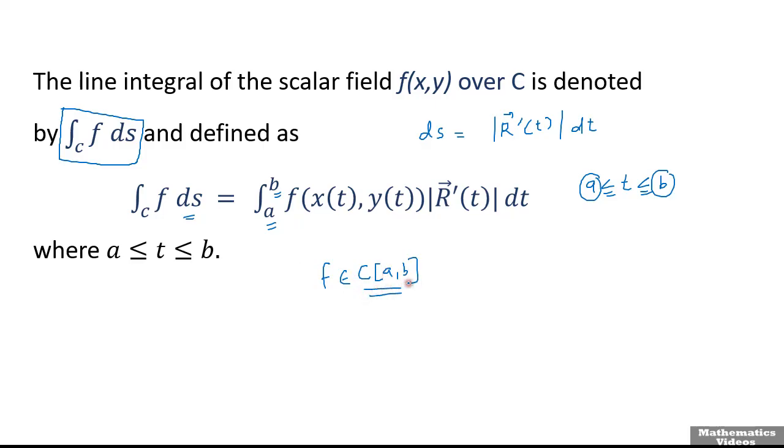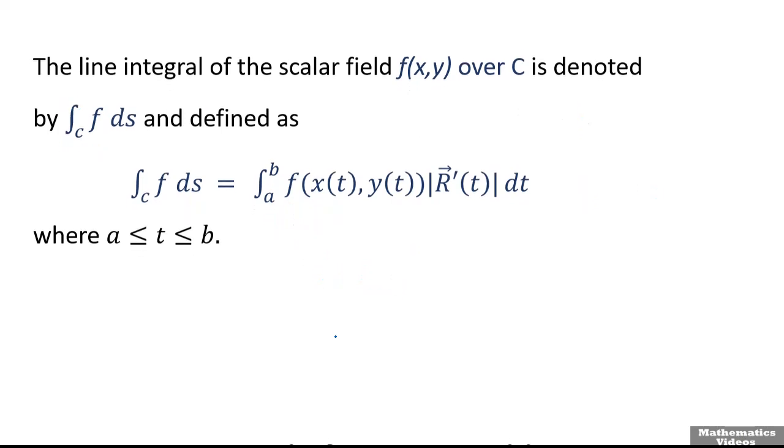This C from a to b is a vector space that consists of all of the functions that are continuous on the closed interval from a to b. So we are assuming that the integrand f, which is in terms of t, is continuous on the closed interval from a to b.